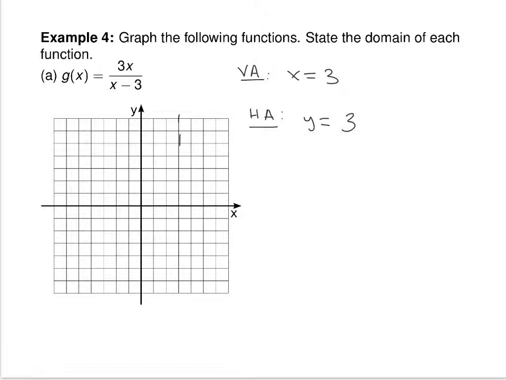One at x equals 3. One at y equals 3. And I know that what Alex requires you to do is you need to plug in 2 numbers on either side of that vertical asymptote.